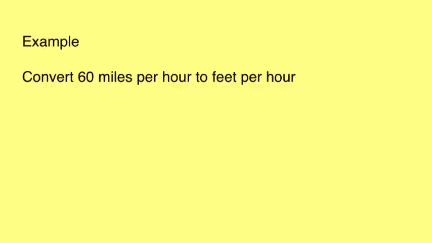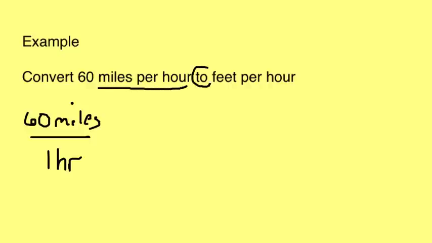All right, let's try another example. This time I have 60 miles over 1 hour. And I want to convert miles per hour to feet per hour. Well, since I'm trying to get to feet, I'm going to have to get rid of miles. So I need to put miles in the denominator so I'll be able to cross-cancel it out.